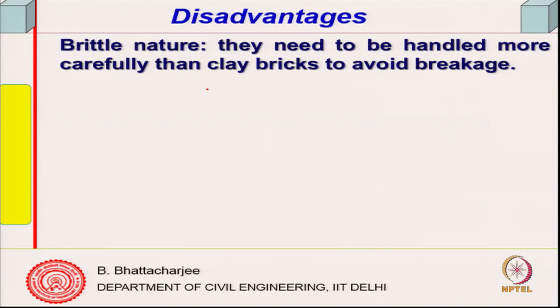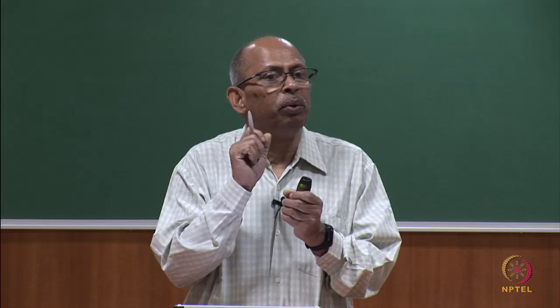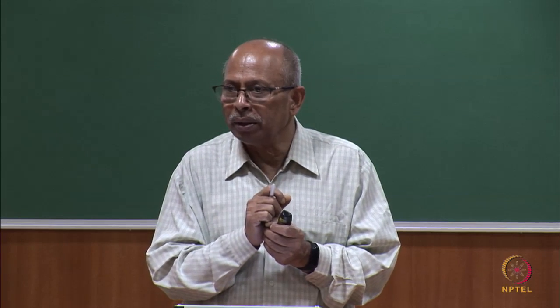So, therefore, you have to handle more carefully to avoid breakage, and the brittle nature of these blocks requires longer, thinner screws if you are trying to fix something. Because if you are trying to do nailing for a wall, nailing property is important.